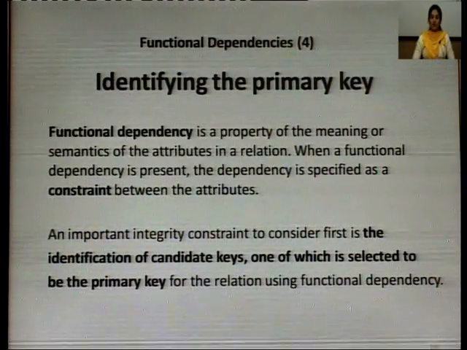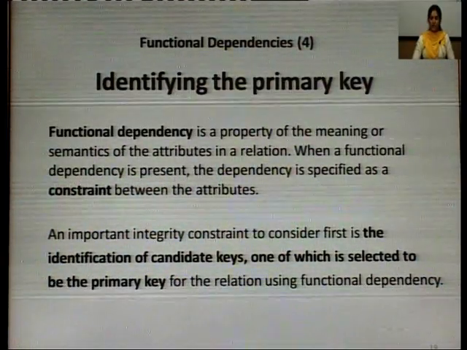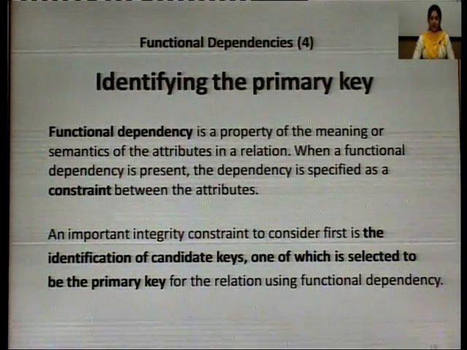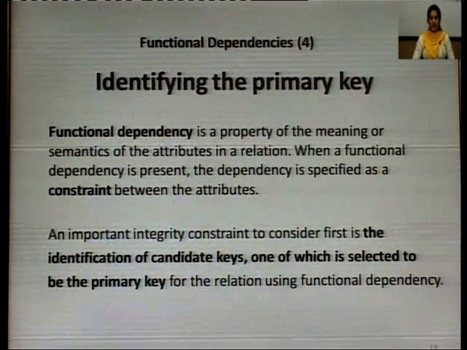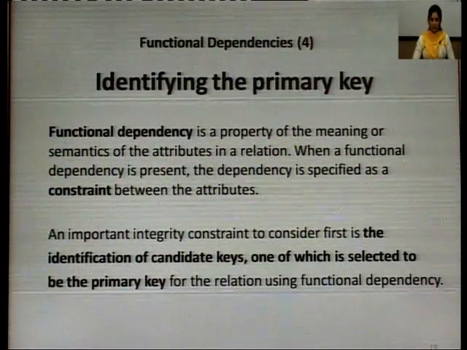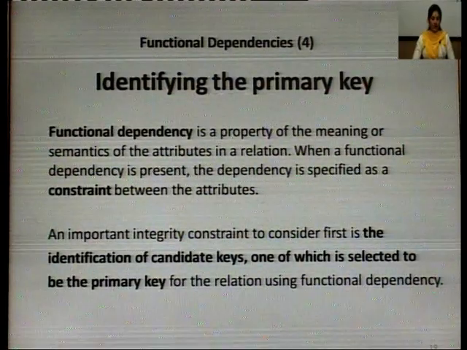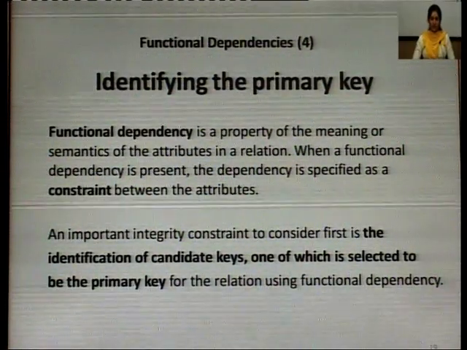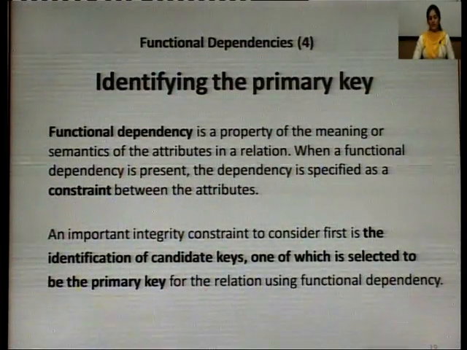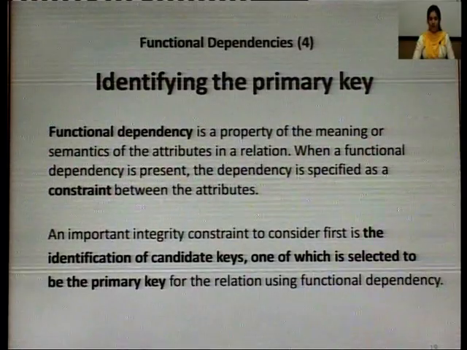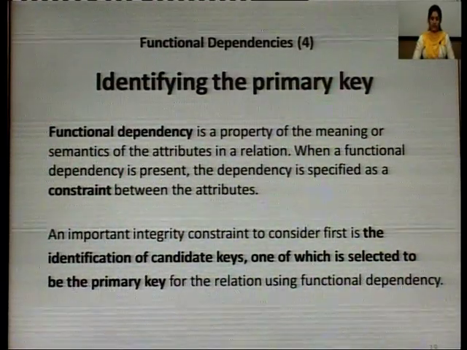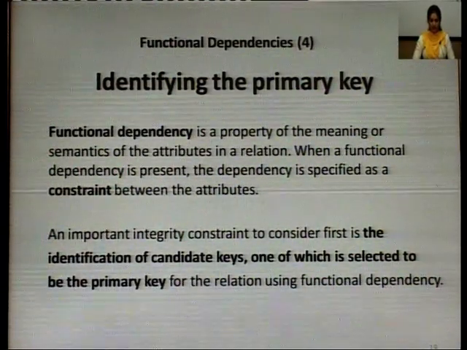Now there may be a number of candidate keys which can uniquely identify the information. For example, the name of the student, the roll number of the student, or the student ID can identify the information. But from all these candidate keys, we have to choose only one key which will be considered as the primary key for the table.